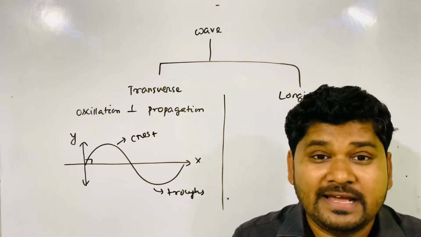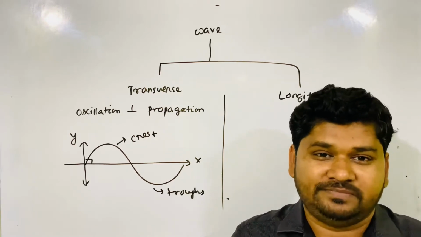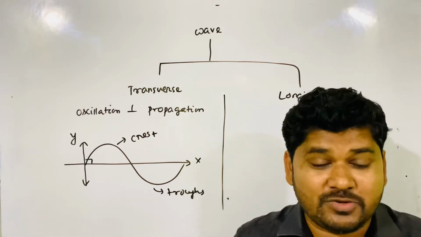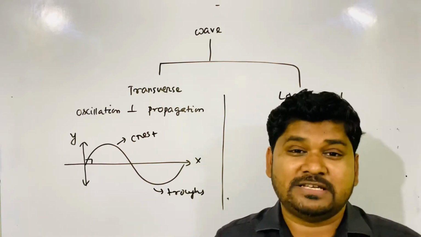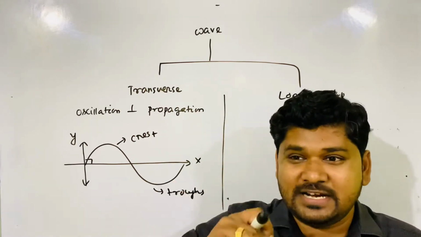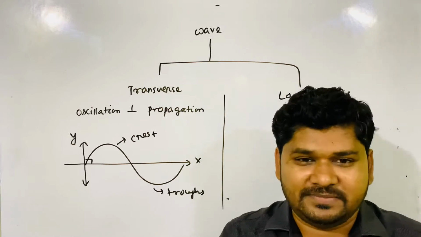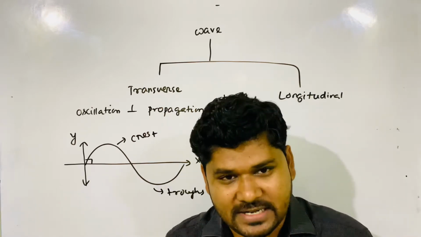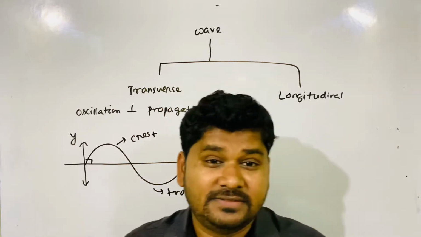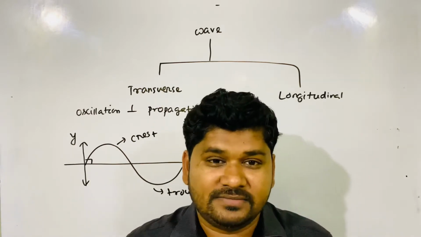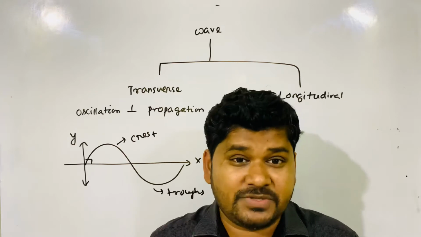So what are the examples of transverse waves? Just before, I told you, the wave on the surface of water. Water particles oscillate like this and the wave propagates. So the water wave is one transverse wave. Then the string wave, the wave along a string, is also a transverse wave.